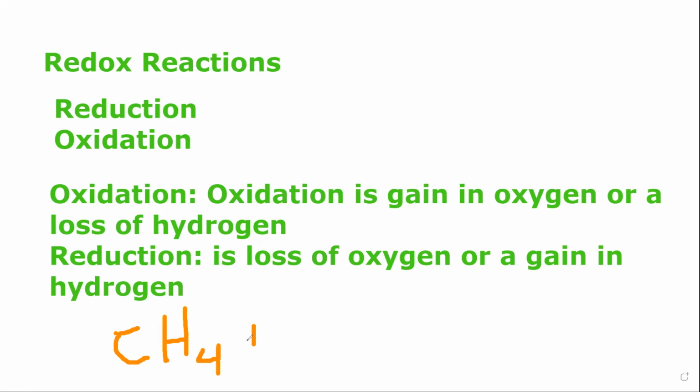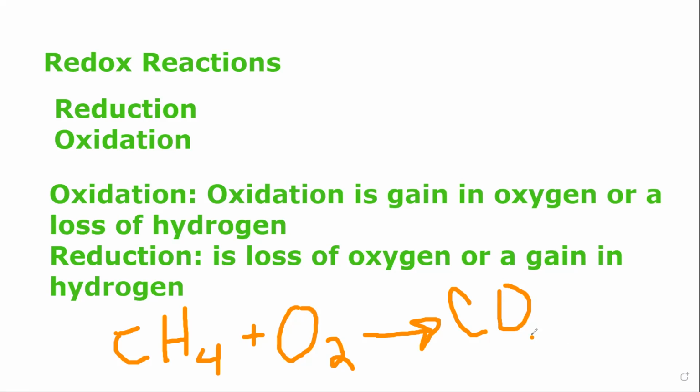When we are burning it in the presence of oxygen or air, the chemical equation is like this: methane gas plus oxygen is converted into carbon dioxide, CO2, and some water vapor, H2O.